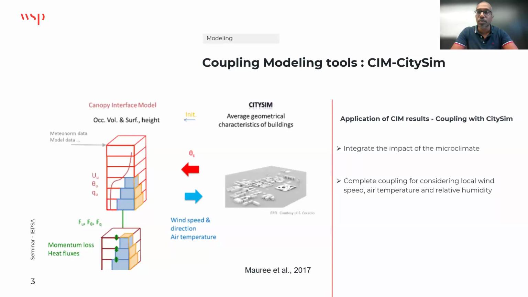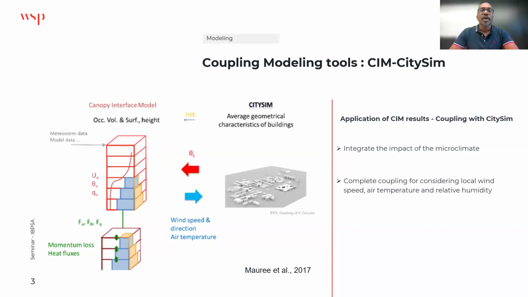So we used a canopy interface model, which I developed in my PhD, with a basic representation of buildings. You can see here on the left-hand side how the buildings are modelled: very simplified cubic buildings, one on top of each other for each of these vertical boxes.